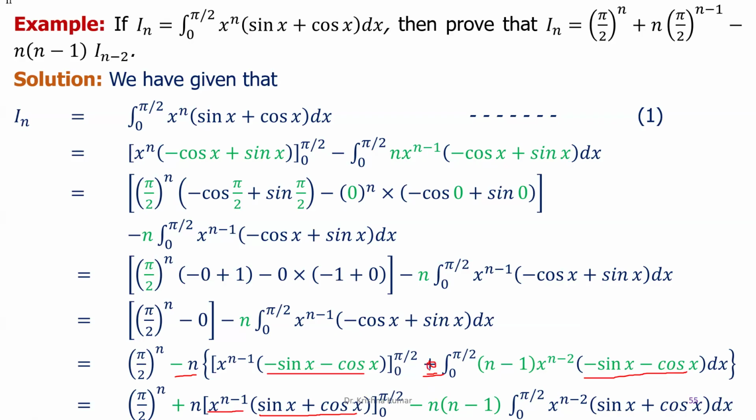Actually, this is a minus sign, not a plus sign, so minus into minus gives plus, and again this minus will become a minus sign. So this is minus n into (n minus 1), integration under the limit 0 to pi by 2 of x to the power n minus 2 (sin x plus cos x) with respect to x.